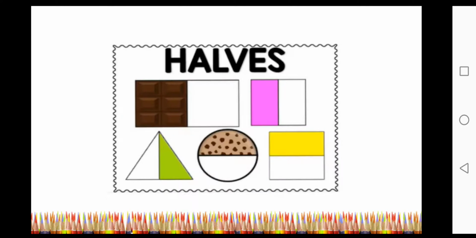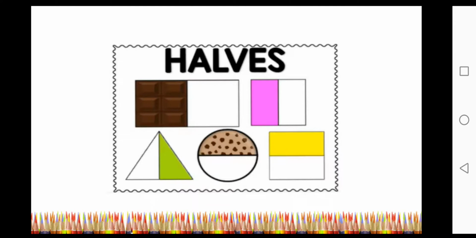Now, I don't want you to mix up fourths or quarters and halves. Okay? Remember, when I am talking about halves, I am talking about a shape that is divided into 2 parts. 1, 2.